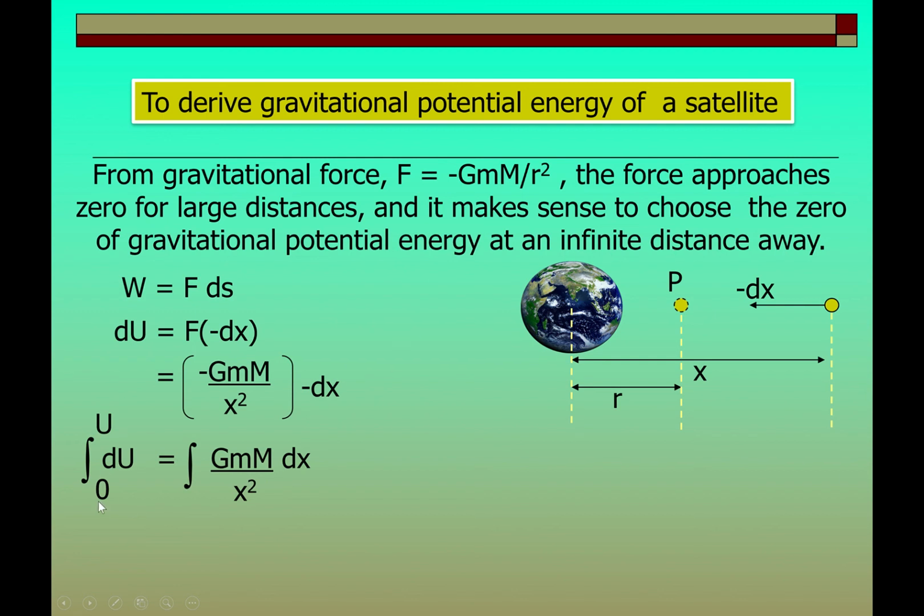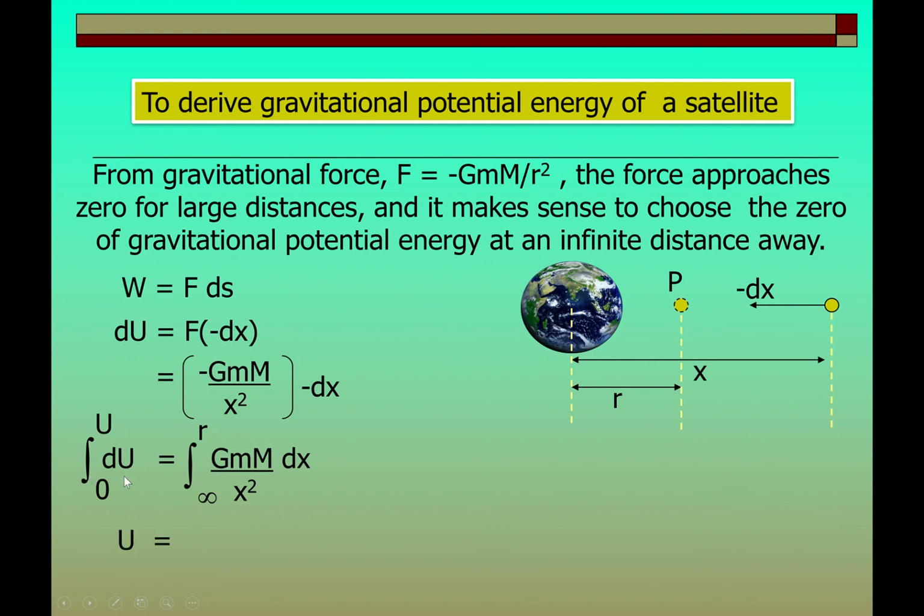So we can write here 0 to U, where U is the gravitational potential energy at point P, and the distance goes from infinity to r. So r is the distance from point P to the center of the Earth.